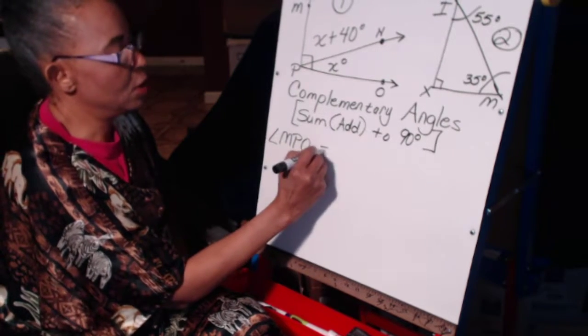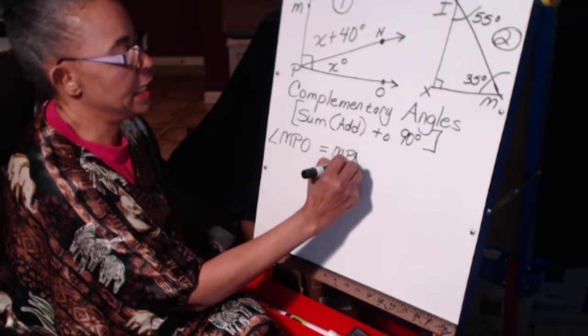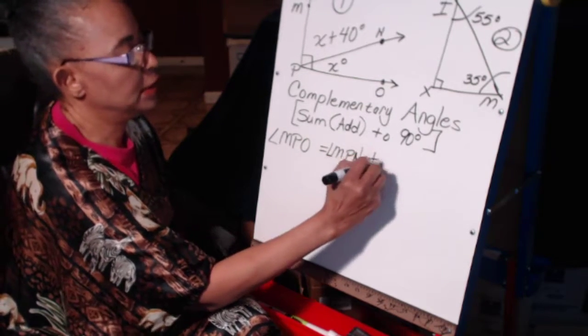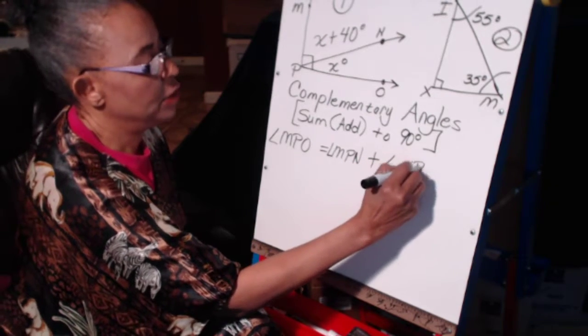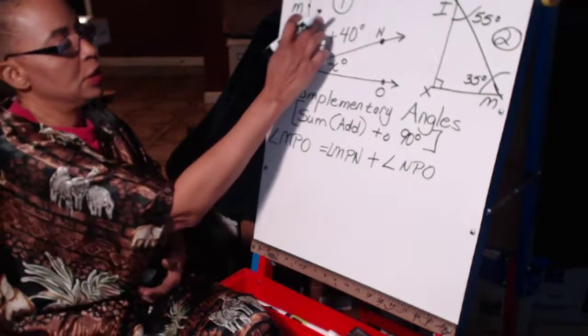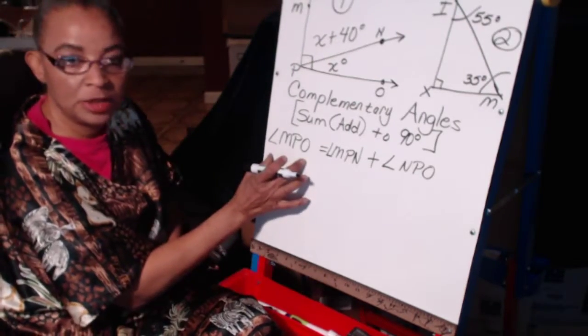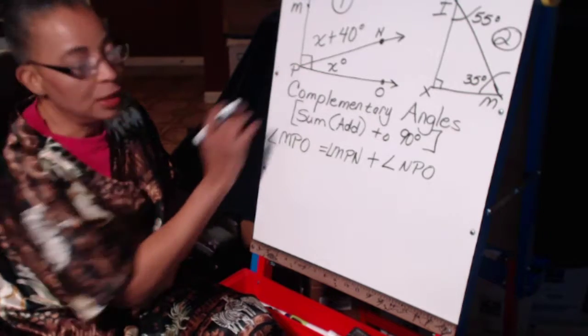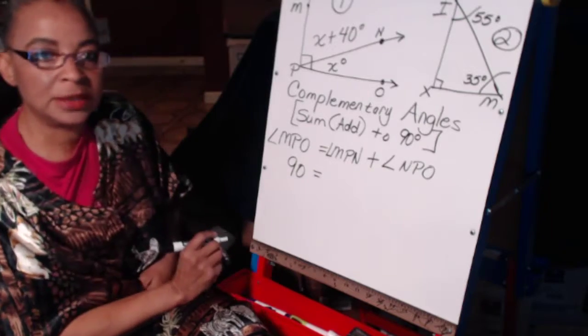Angle MPO is made up of angle MPN plus angle NPO. This one and this one make up the total. They must equal the total. And we know from that little box that MPO is 90 degrees.